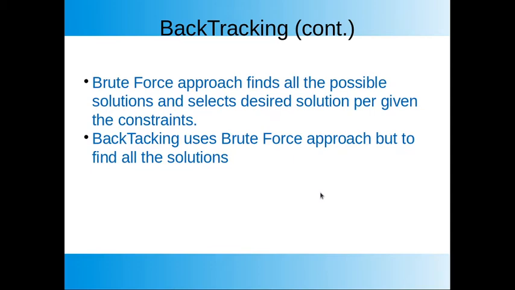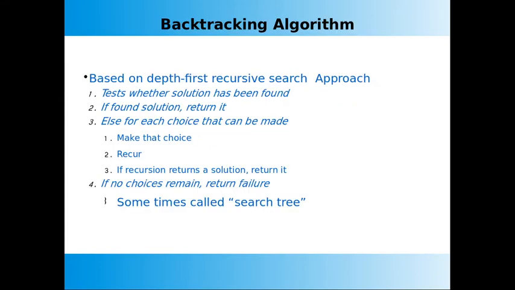That is, the brute force approach finds all the possible solutions and selects the desired solution as per the constraint. So we find all solutions, but we select the desired solution based on the constraint. That is the feature of backtracking.